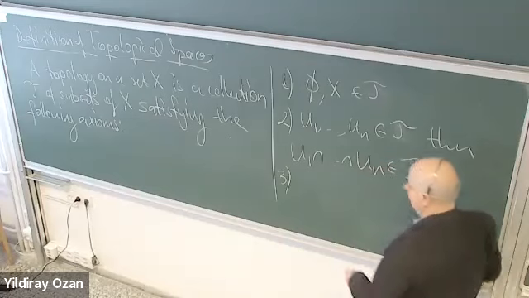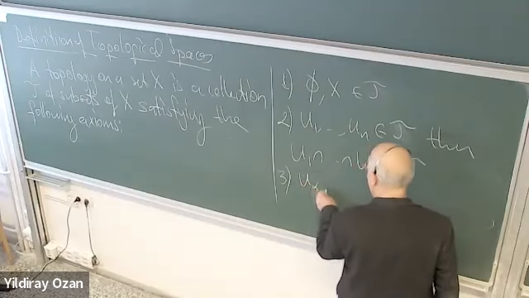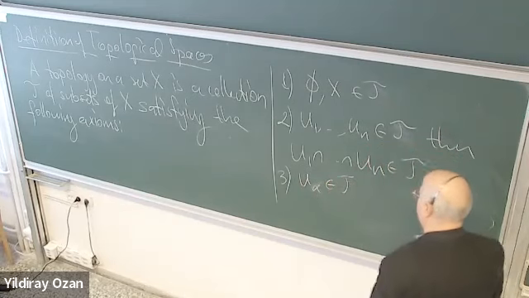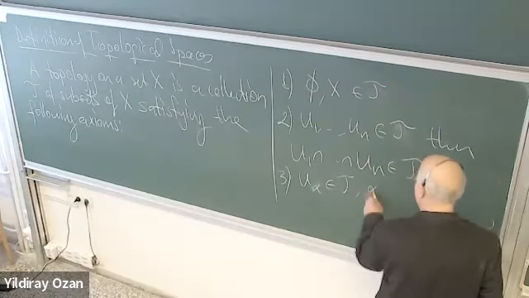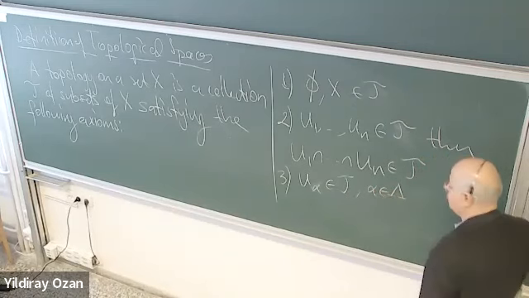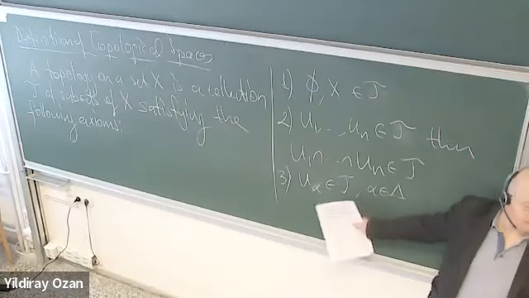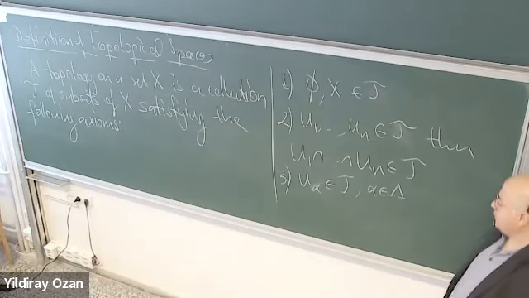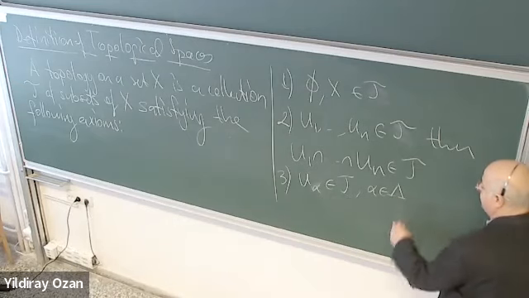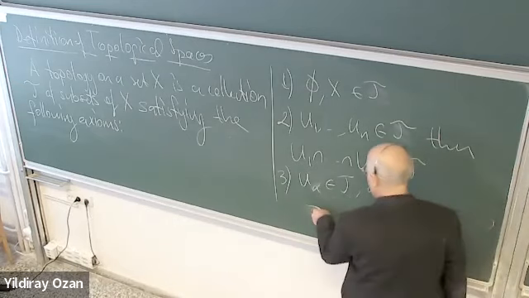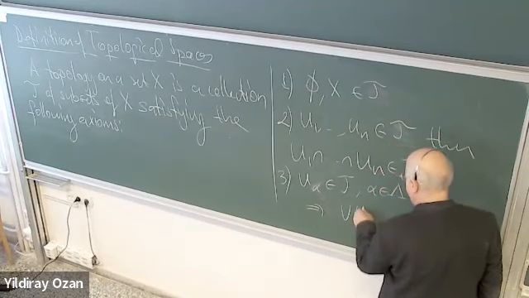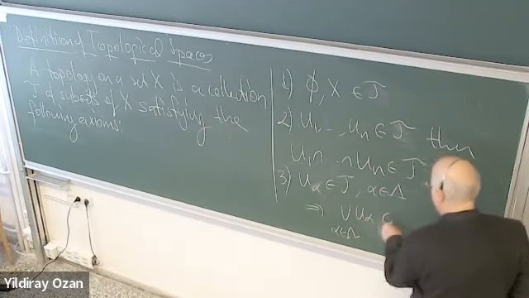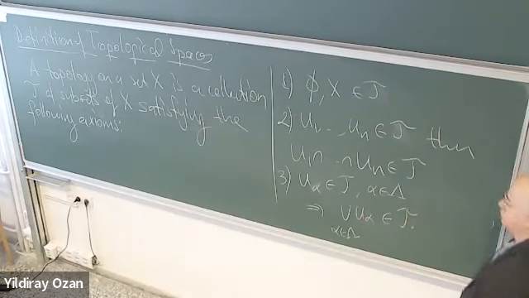If you have a collection of open sets, let's say U alphas in this tau collection, and this index set could be anything. It can be a finite set, an infinite set, a countable set, or any other set. Then the union of all these should also belong to this collection.